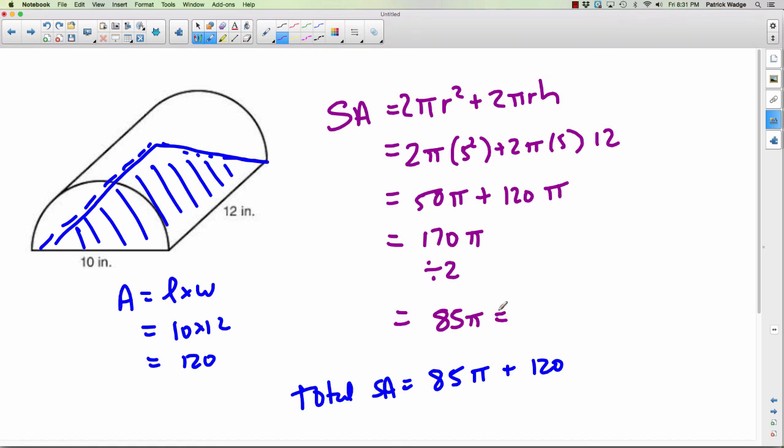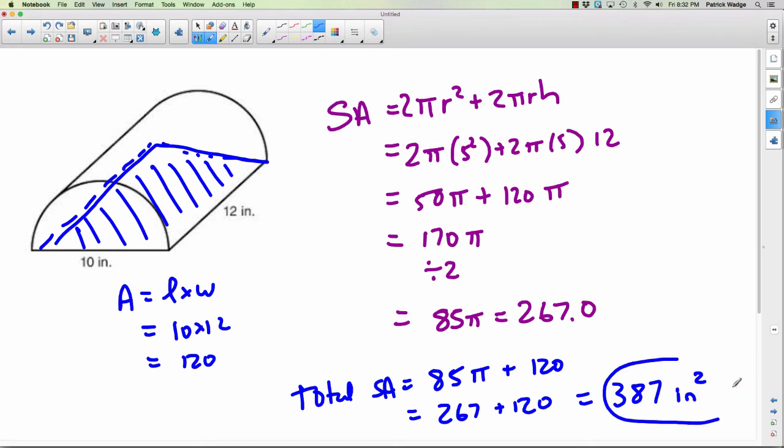In other words, multiply by 3.14, or better yet, use the pi button. I get 267.0. Don't even need to put the 0.0, I suppose. So where it says total surface area, I'm going to do 267 plus 120, and that gives me 387. We're talking about inches squared.